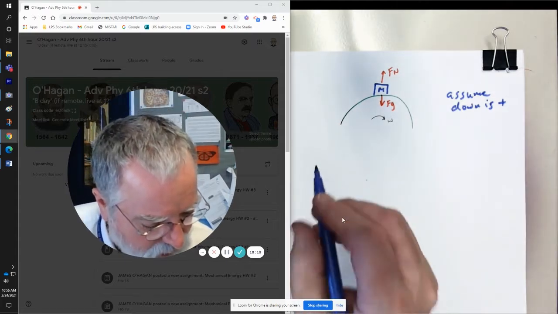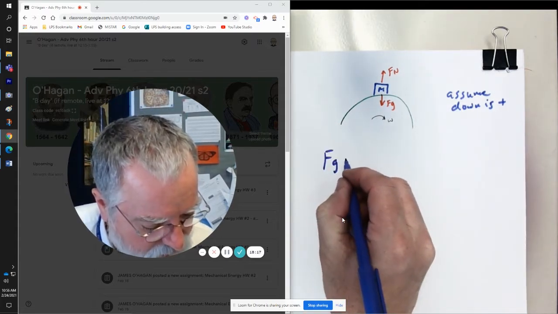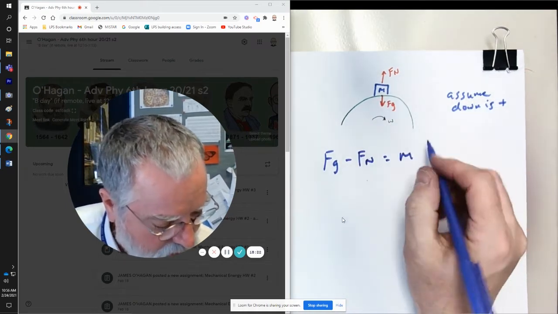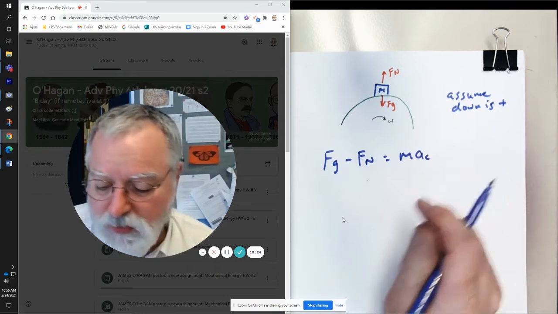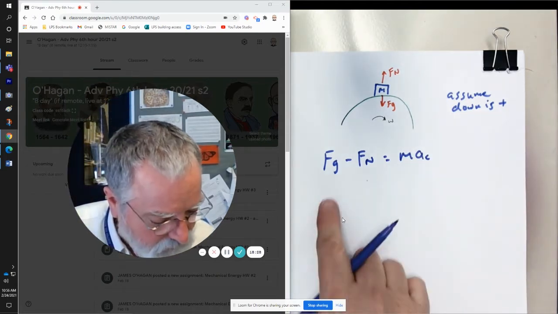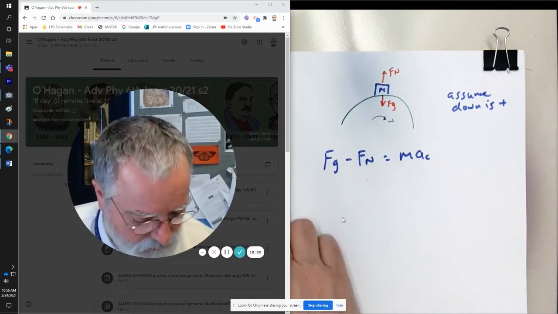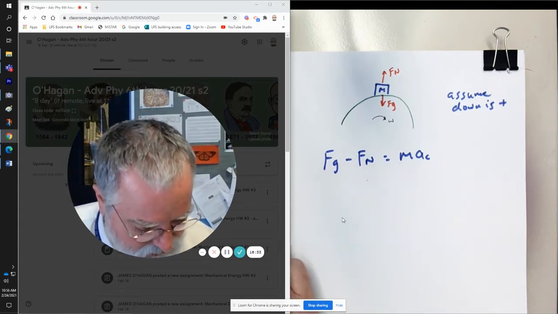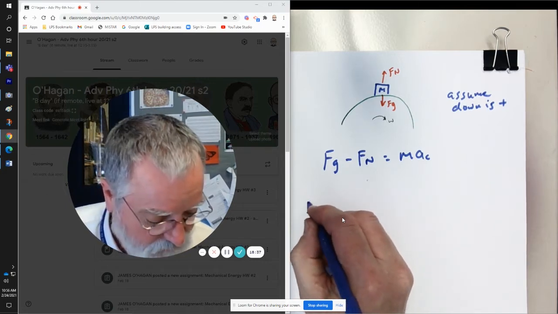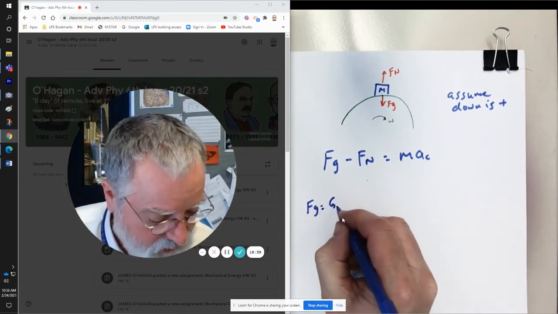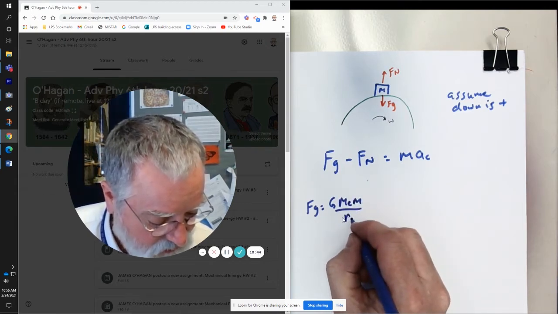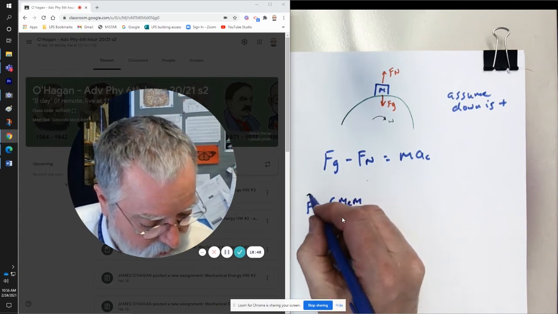So let's do that. Force gravity minus force normal is going to cause the mass, whatever that mass is, to have a centripetal acceleration. Now, each one of these parts means something. The force gravity is big G, mass of the Earth, other mass, divided by radius of the Earth squared.